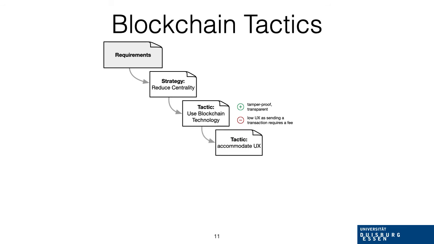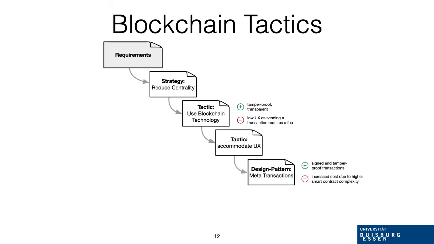When we follow this path in this tree, we can see on this graph that the disadvantages of using blockchain technology can be accommodated by following this tactic to accommodate the user experience. And when we take a look at what design pattern is connected there, there's a meta transaction design pattern that helps to accommodate UX, so to deal with the disadvantages we have by introducing blockchain technology into our system.